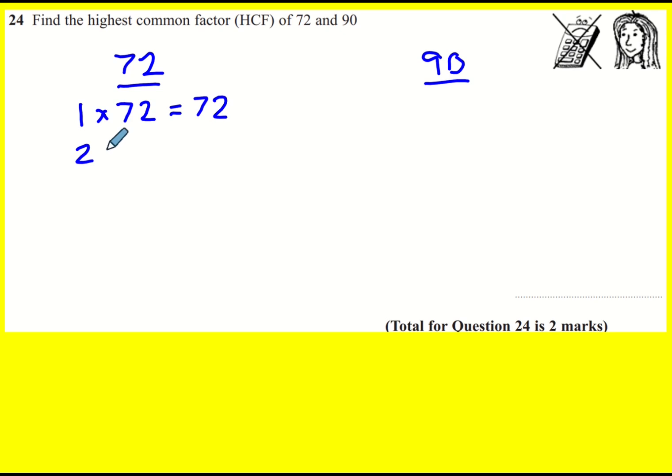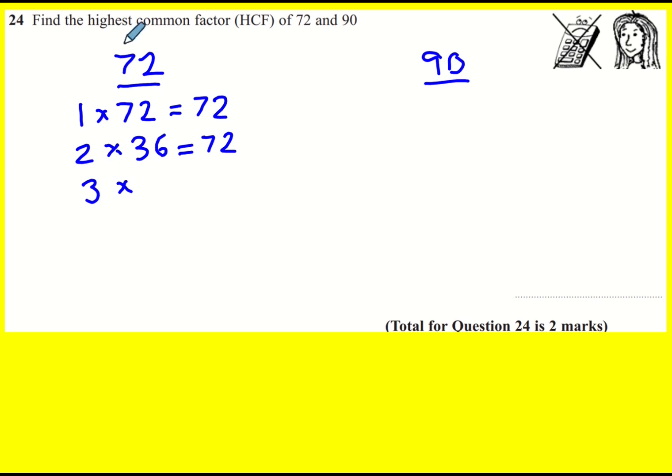2 divides into 72 exactly, 36 times. 3 divides into 72 exactly. And how do I know that off the top of my head?